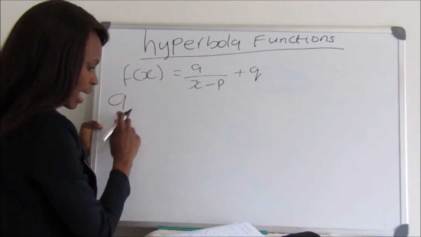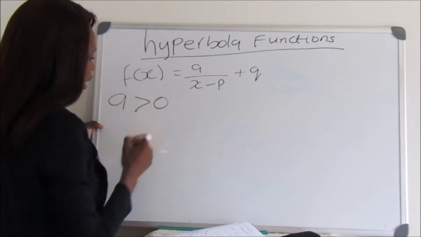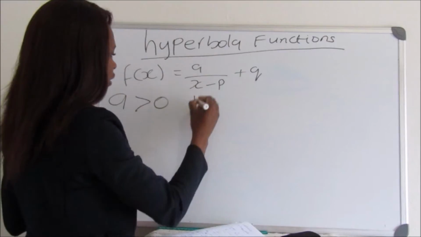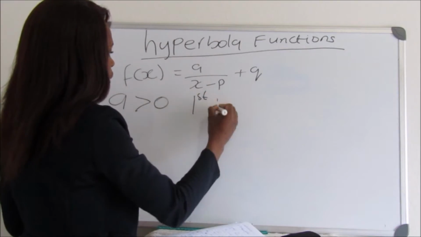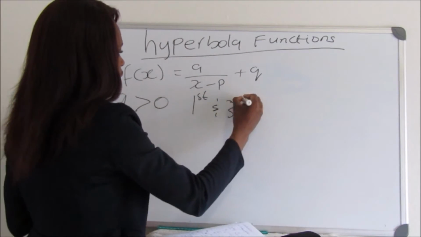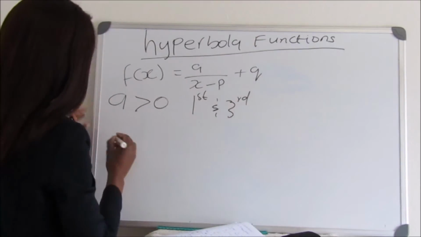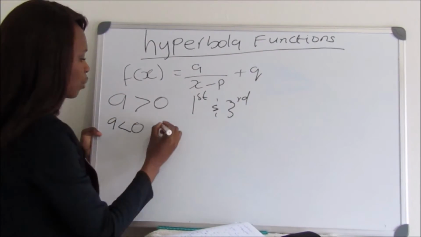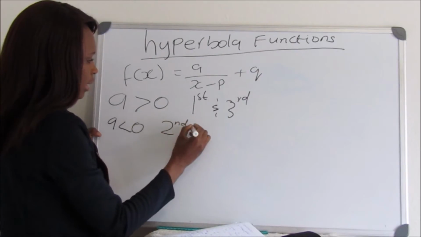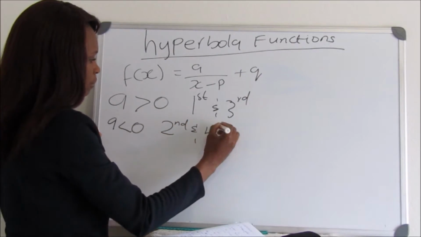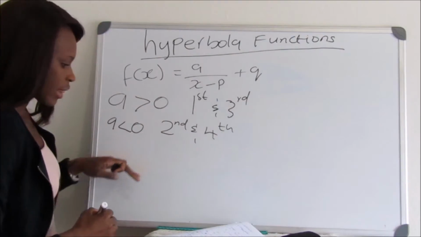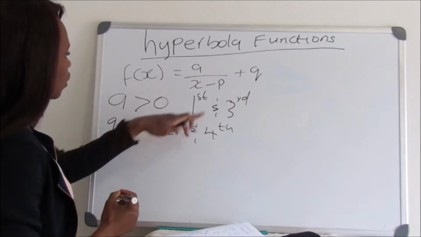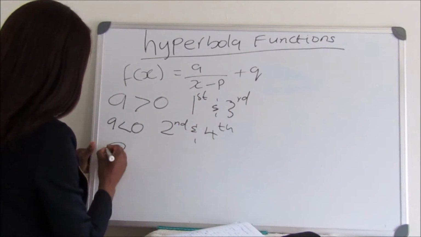If a is greater than 0, then the graph will lie in the first and the third quadrant. If a is less than 0, then the graph will lie in the second and the fourth quadrant.